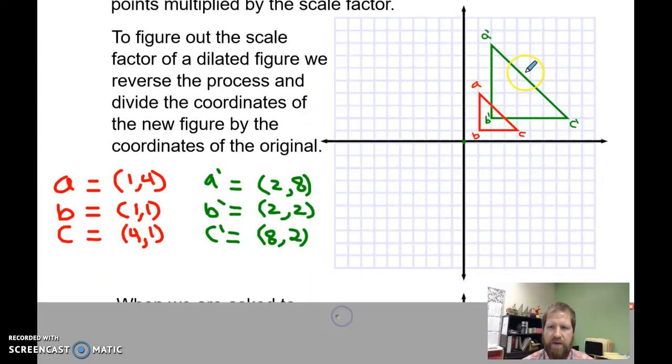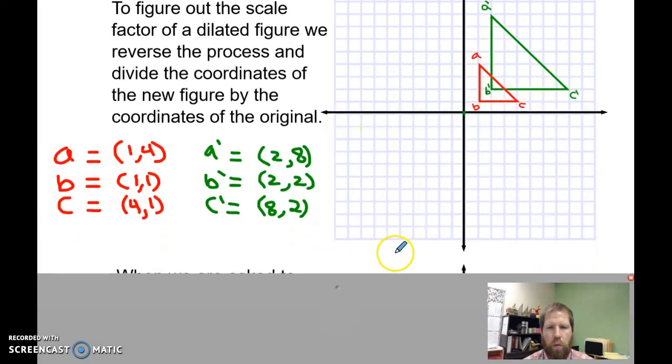So if we have our two images and we're trying to figure out, is this one, A prime, B prime, C prime, a dilation of A, B, C? And what is the scale factor of that transformation? What we're going to do is take our new figure and divide it by the coordinates of the original.